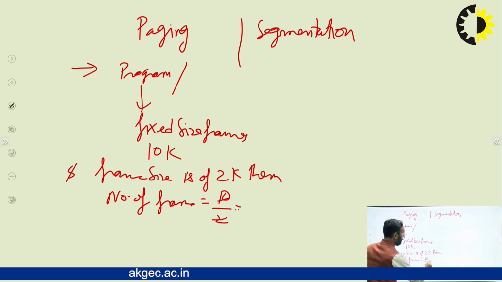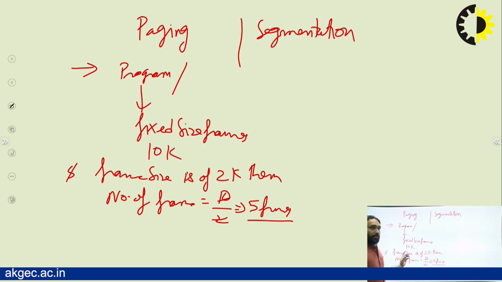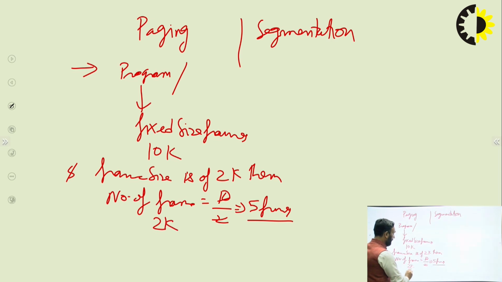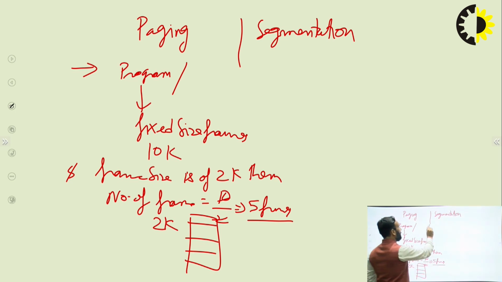That means we require 5 frames. It is static. All the frames will be divided into chunks of 2K and they will get a location in main memory. And what is the basic difference between paging and segmentation?